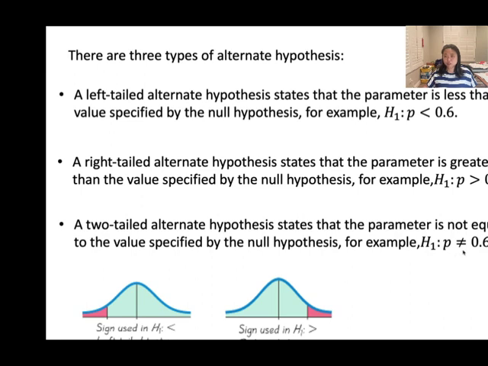When you have not equal to, that is the two-tailed test. I need you to write this down, it's very important. Strictly less than is left tail. Strictly greater than is right tail. Not equal to is the two-tailed test.